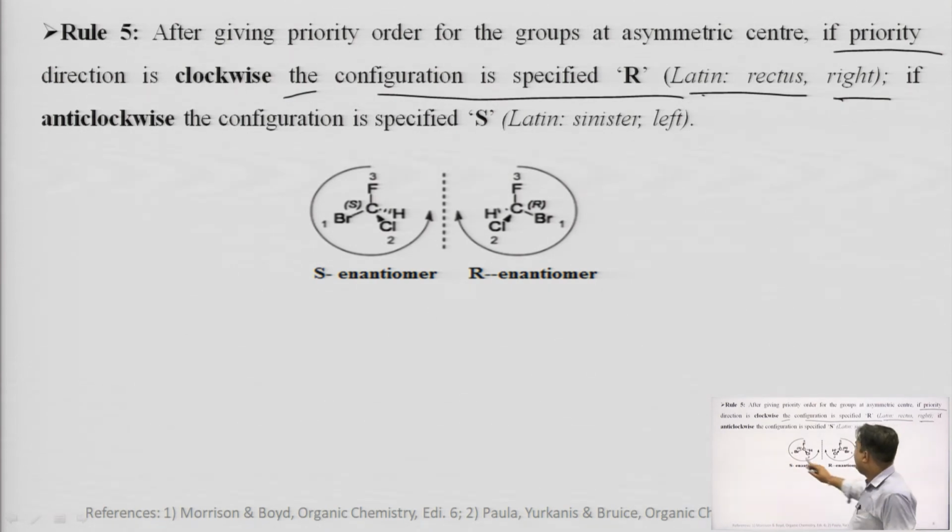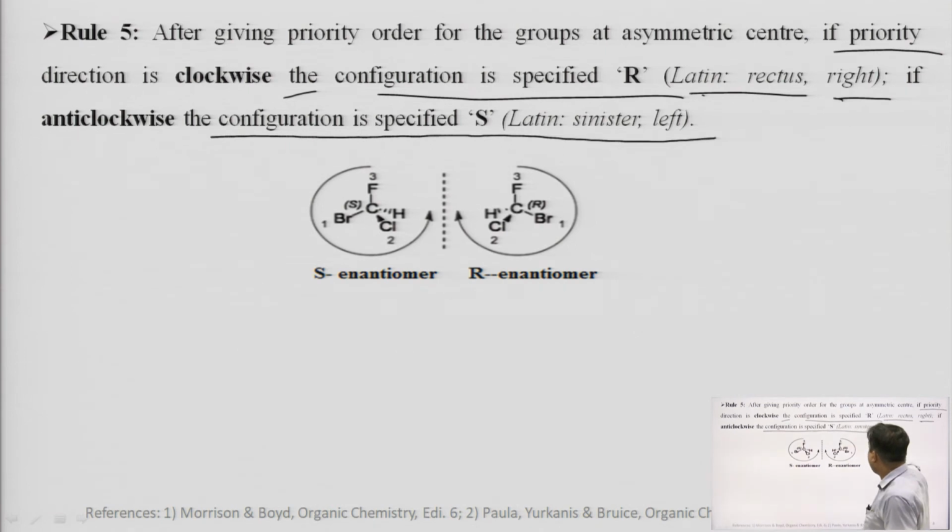If anticlockwise, the configuration is specified as S. S comes from the Latin word sinister, meaning left, so rotation is occurring in the left direction. So, here you can see rotation is anticlockwise, so S configuration is there.